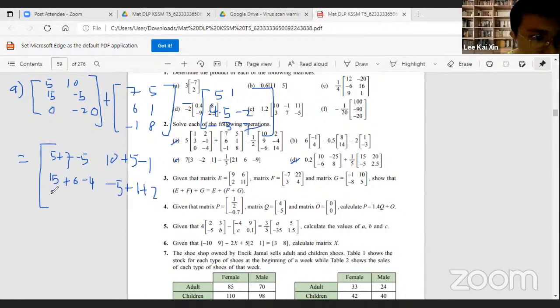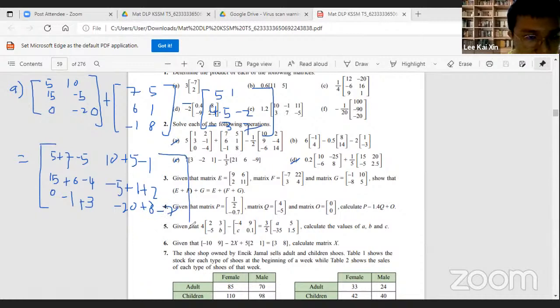Here we get 0, negative 1, and minus minus, so it's plus 3. So at the back is negative 20 plus 8. This one is 7, so minus 7.